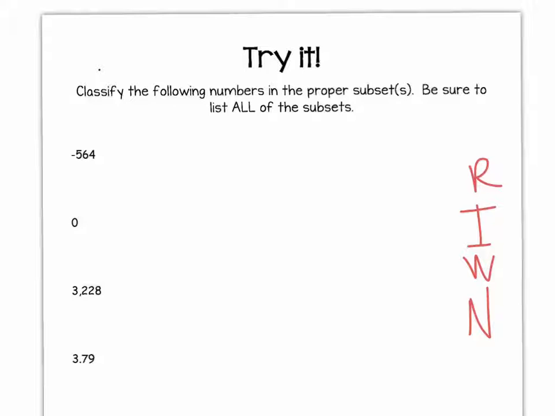So if you see this negative right in front of it, that automatically marks out natural and whole. Because the first time that you see negatives are in integers. So that's my first group.